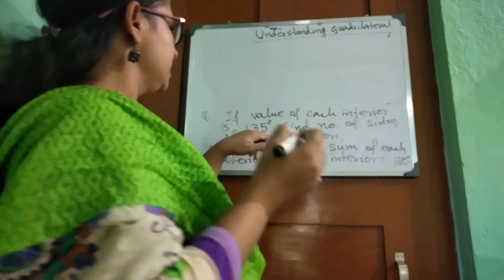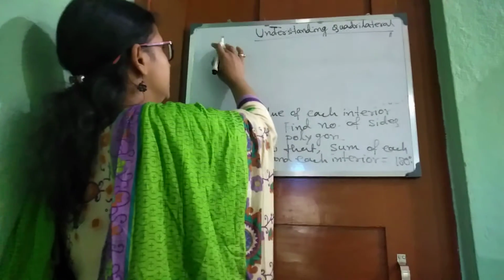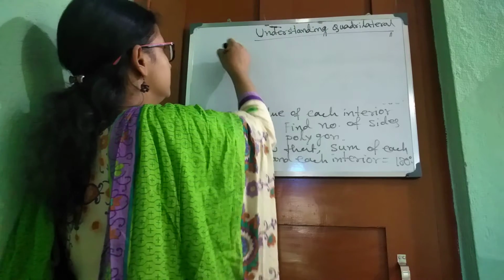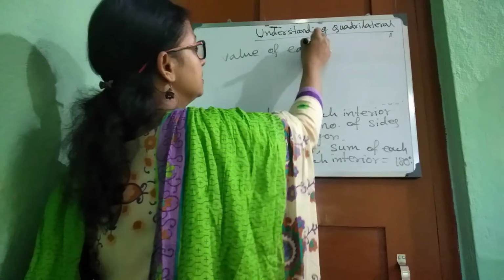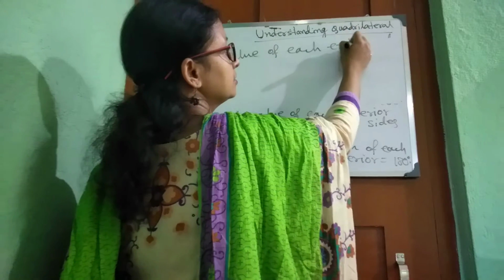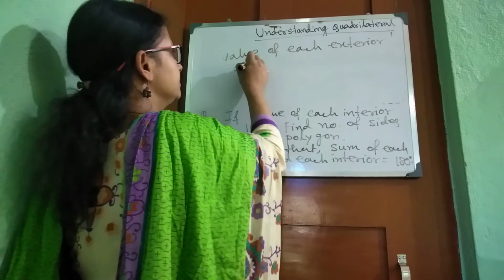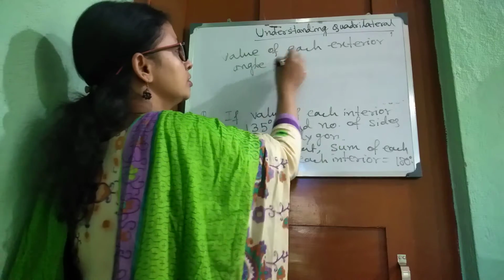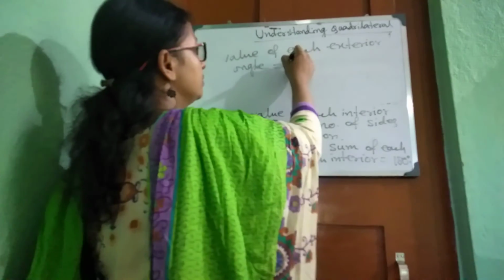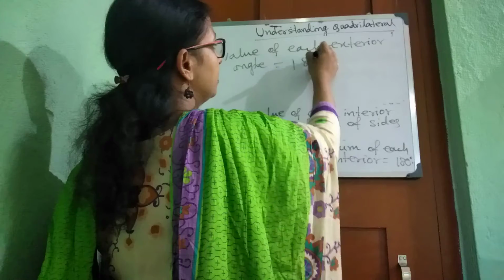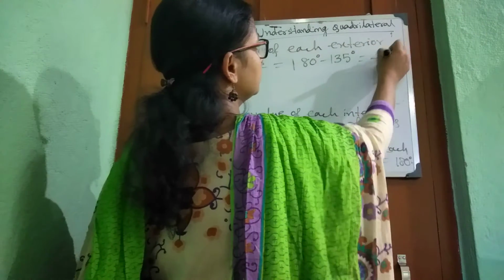Here each interior angle is given as 135. So what will be the value of each exterior angle? It will be 180 minus 135, that is 45 degree.